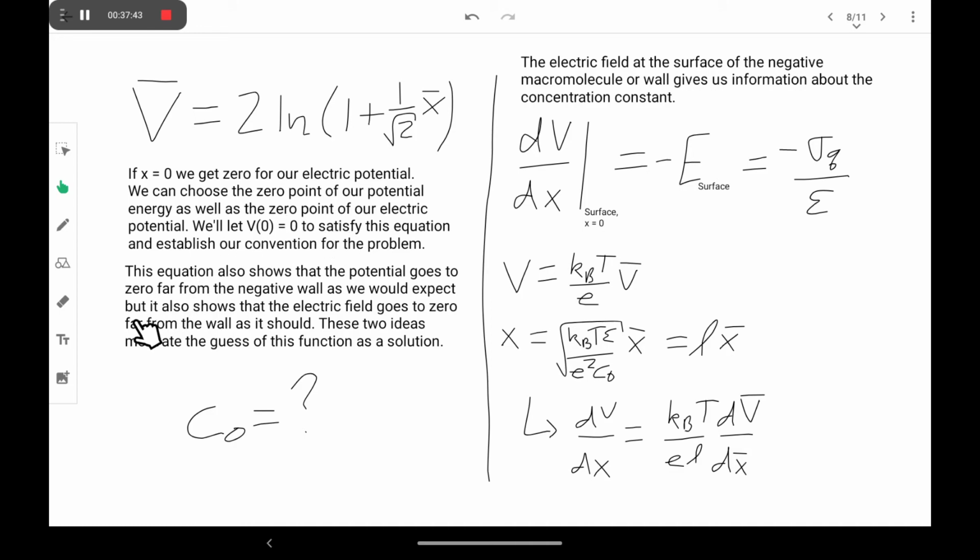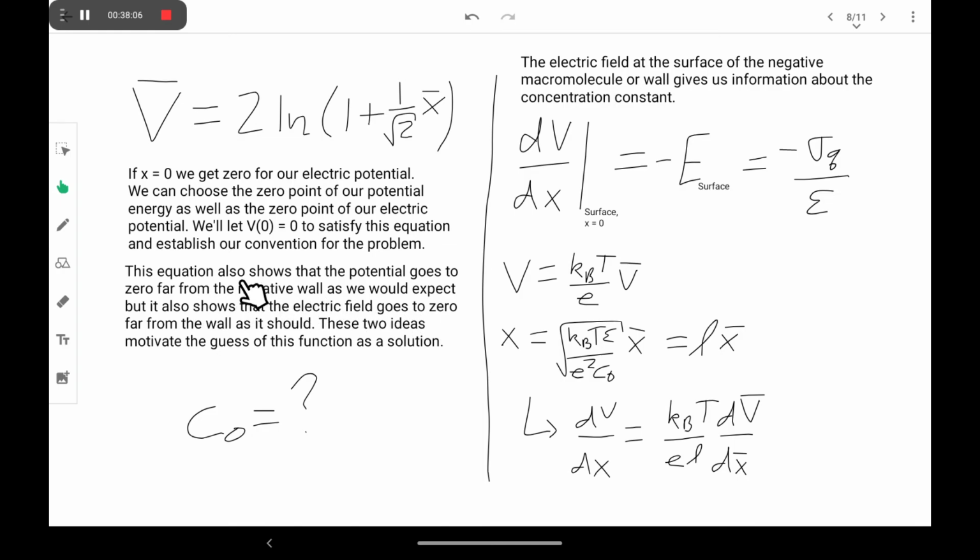Okay, but the other one is, well, the electric field ought to go to 0 far, far away. Okay, I need to be careful here. This statement here is inaccurate. It's just the electric field goes to 0. The potential can grow.